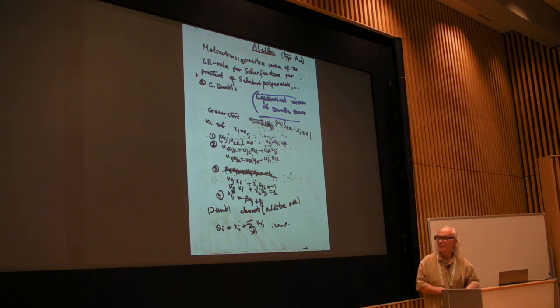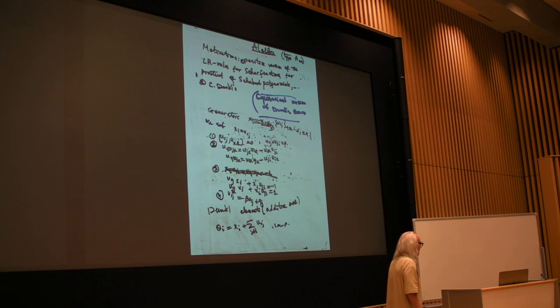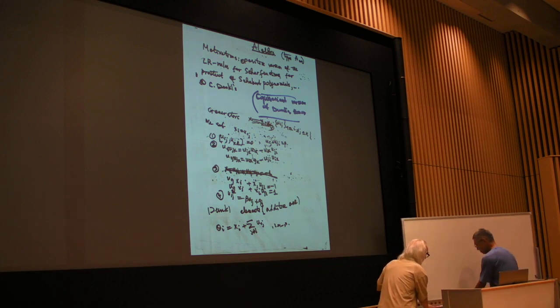Motivation. My motivation really comes from two things. One thing is Schubert calculus, which I like very much, and another motivation comes basically from Bethe ansatz, which I study from physics. The motivation from Schubert calculus is probably well known.